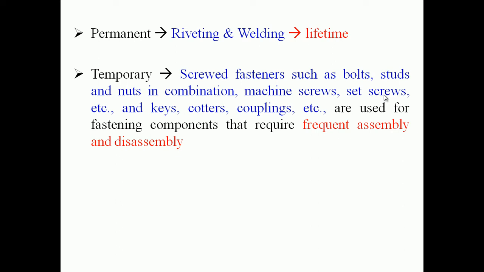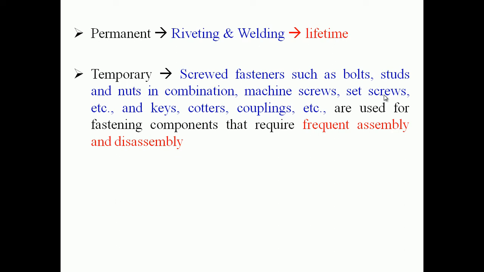You can assemble and disassemble if you use temporary fasteners such as bolts, nuts, machine screws, set screws, keys, cotters, couplings, etc. These are the two major divisions of fasteners: permanent and temporary.